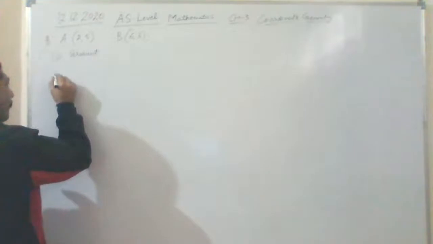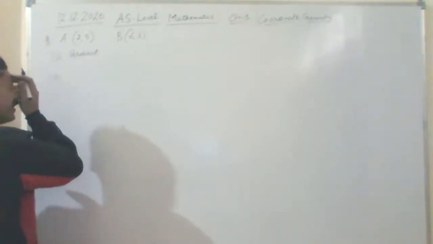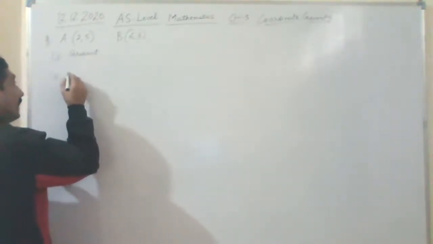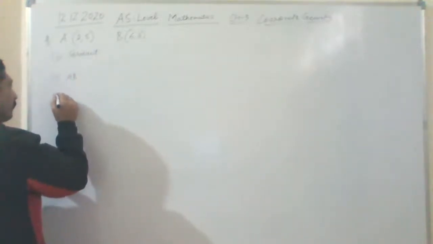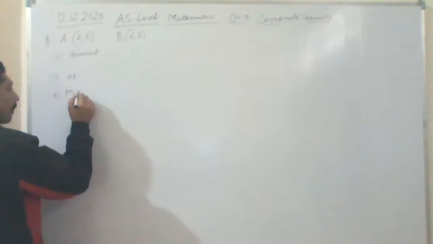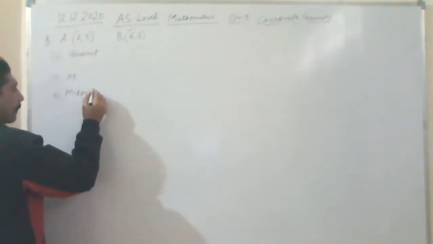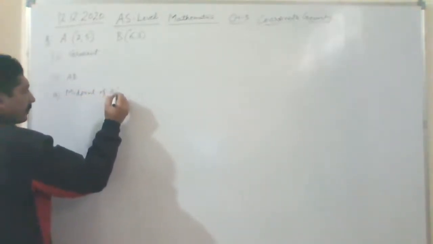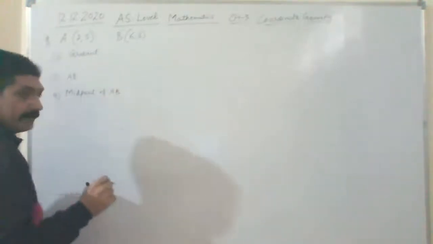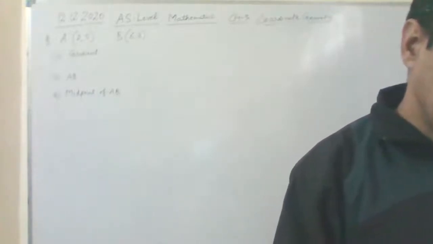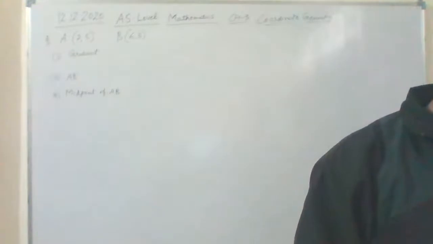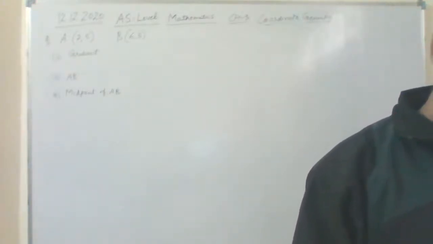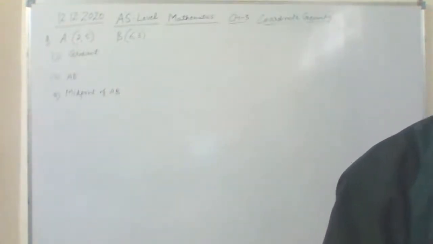Second, find the length AB. Find the midpoint of AB. And one more they have asked, the gradient of AB. Okay, right. Gradient of AB.